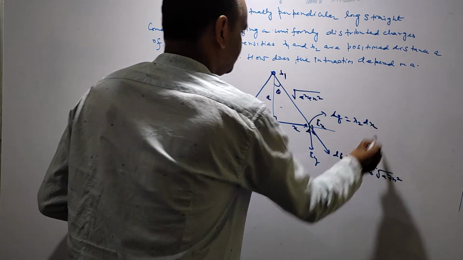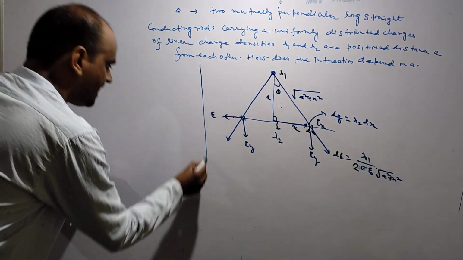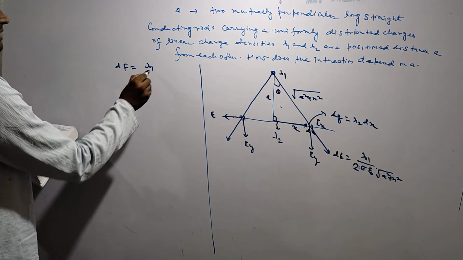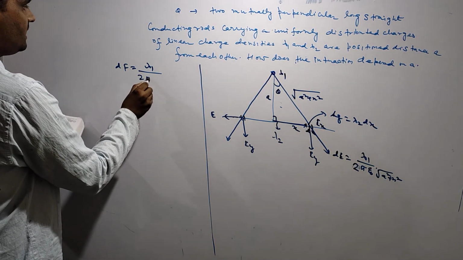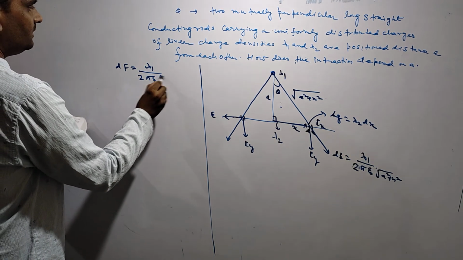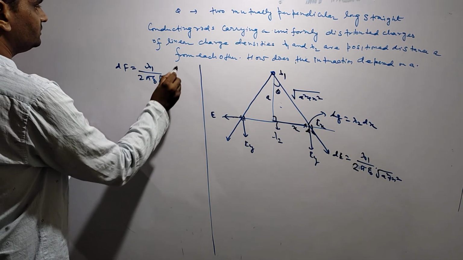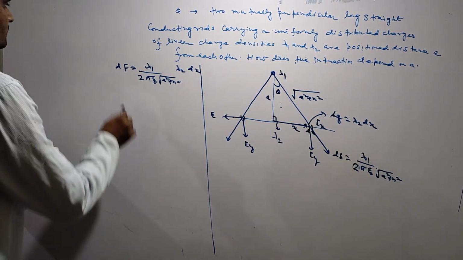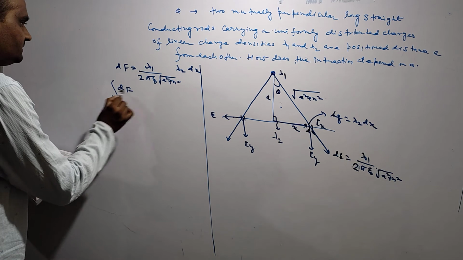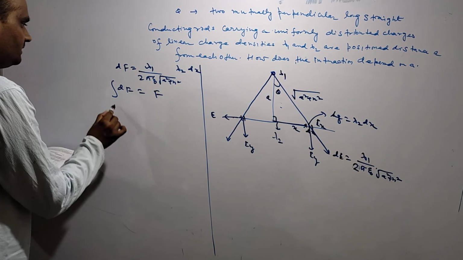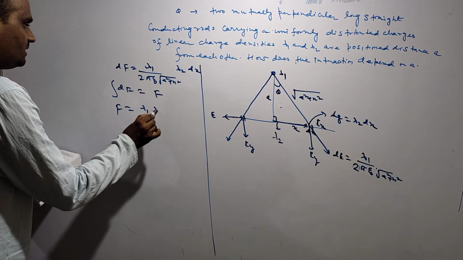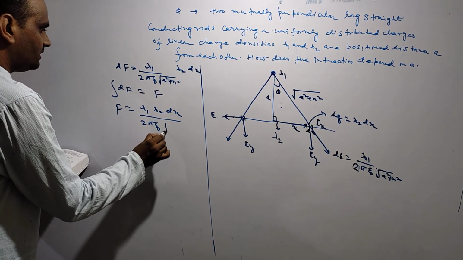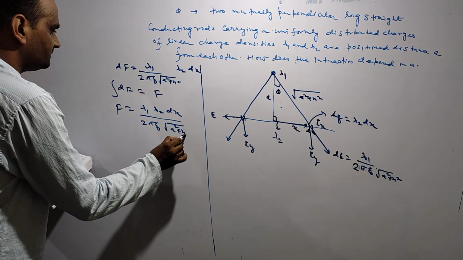Lambda 2 dx. Then we have a small dF, lambda 1 over 2 pi epsilon naught under root a square plus x square times lambda 2 dx. So when you perform integration over this expression, you will get F.